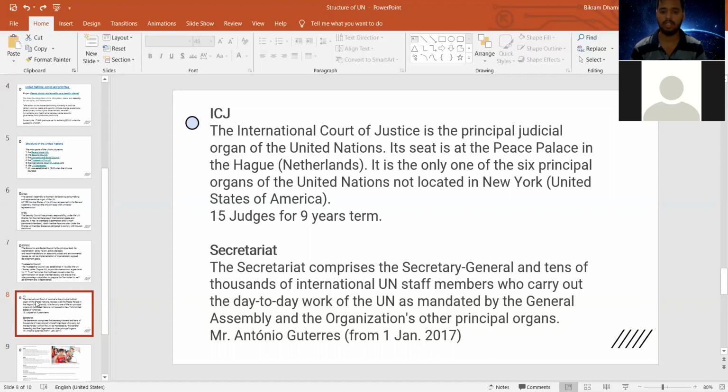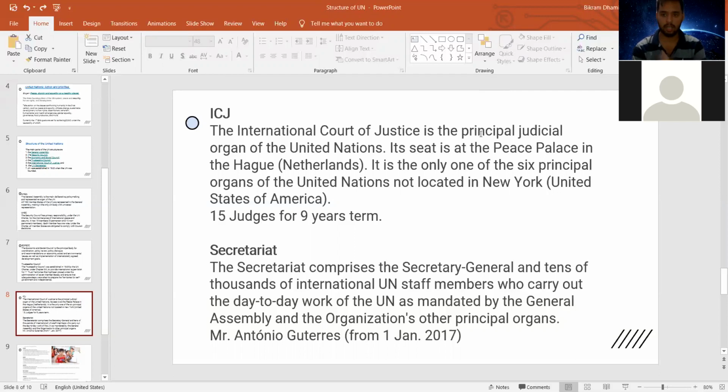So the Secretariat is the administrative organ of the United Nations. It implements and executes the decisions and policies formulated by the United Nations General Assembly.